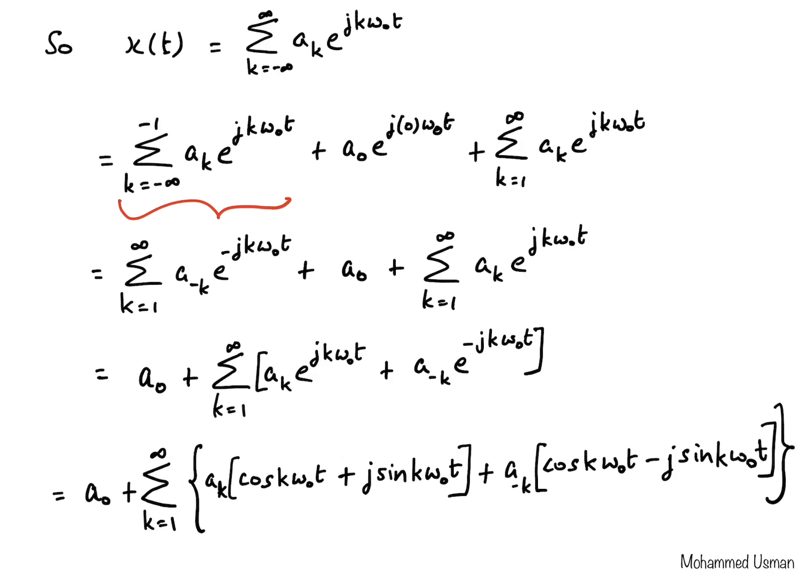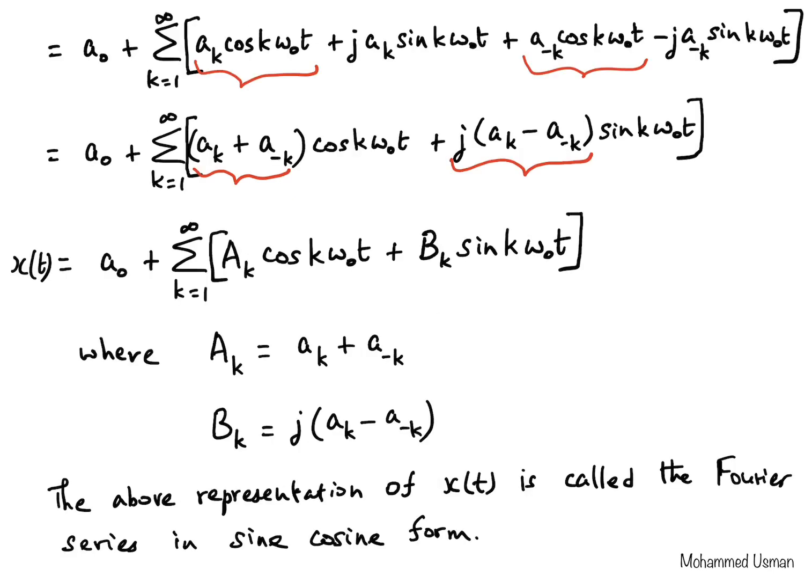So we put all of this under the same summation and combine the like terms. We bring all the cosine terms together, the real parts, and all the j sine terms together, the imaginary parts of these complex numbers. Taking the cosine as a common factor, we have ak plus a minus k multiplying the cosine term.